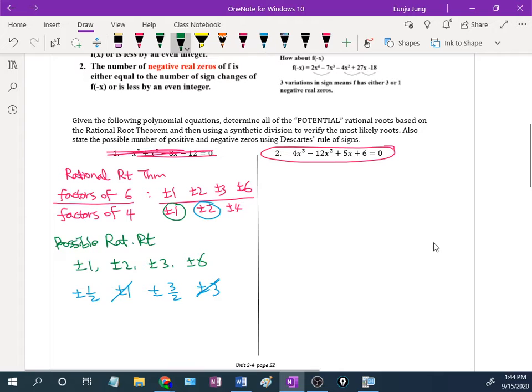And for the third one, let me choose a different color. Okay, black. If I choose 4, let's divide 1 by 4, and 2 divided by 4, which is 1 half, and that is here, so I don't need to rewrite it. 3 quarters, and then 6/4, which is 3 halves.